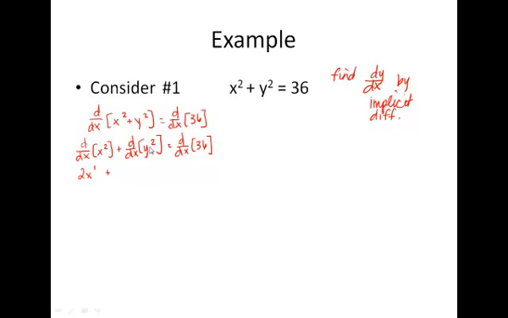It could have been 2x plus 2, but I'm going to derive around it, so I'm going to pull down that 2, use the power rule, but then what you have to recognize is I'm trying to derive with respect to x, and because I don't know what y is equal to in terms of x, I have to multiply by the derivative of that inner function, so dy dx.